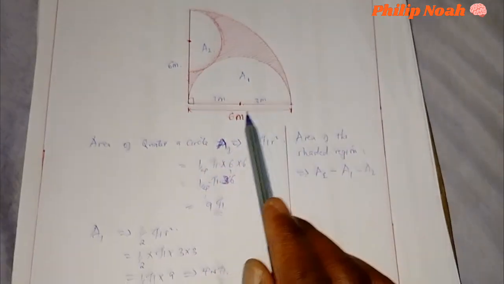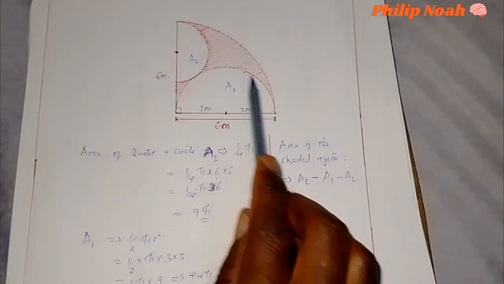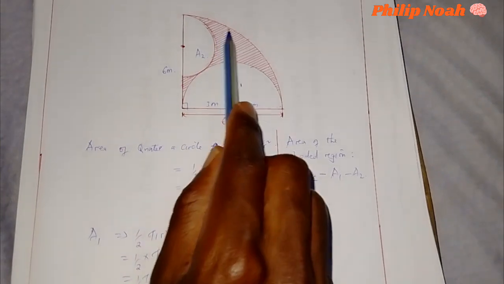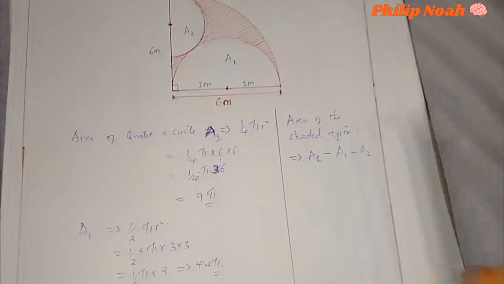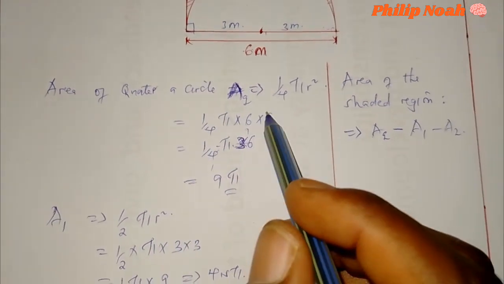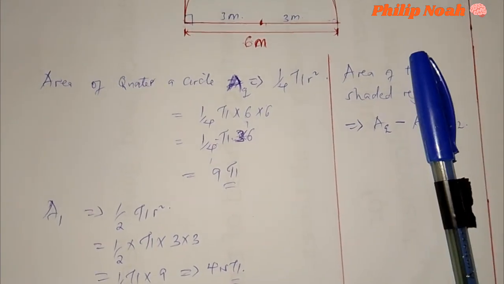Area of this quarter circle minus area of this semicircle minus the area of this semicircle, we get the area of the shaded region. Hope you understand. So here we have gotten the area of a quarter circle as 9 pi.